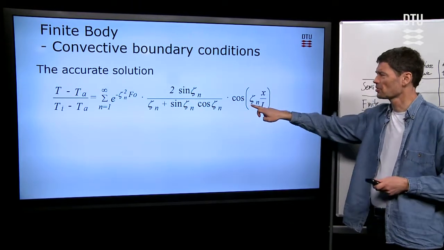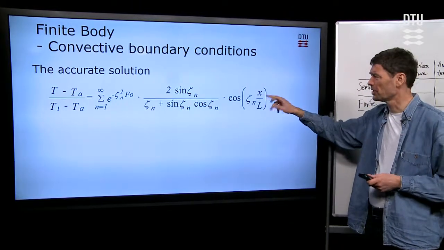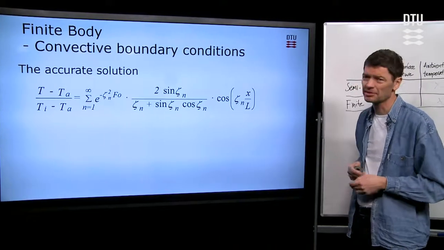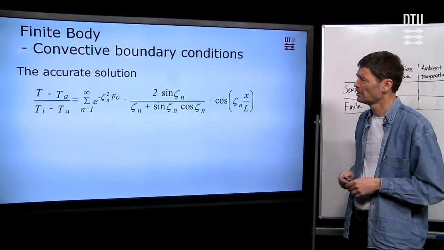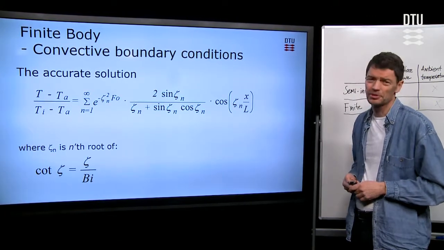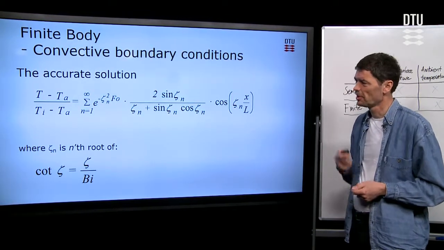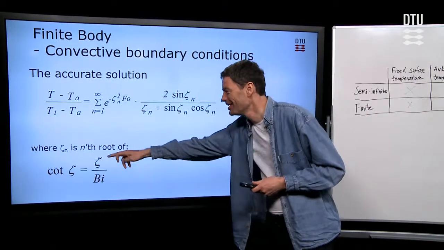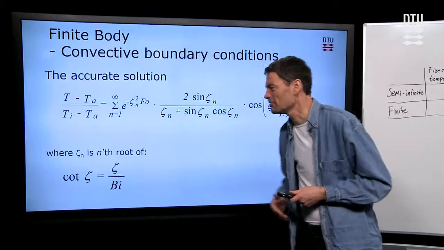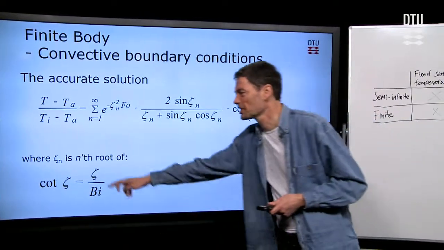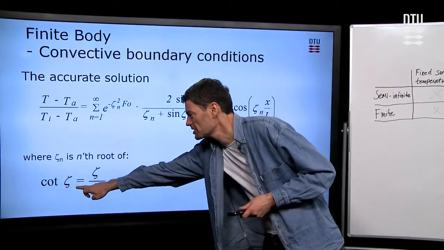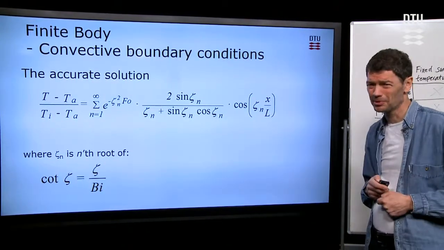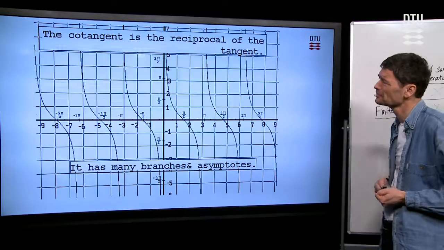And then in the cosine term, we have the location x where we are in our body, which is the distance from the center of our material. So we have to find those zeta values. Those are the roots, and there is a sequence of them, as I said before. They are the roots to this equation where the cotangent of zeta should be equal to zeta divided by the Biot number for our problem, which we always have to calculate.